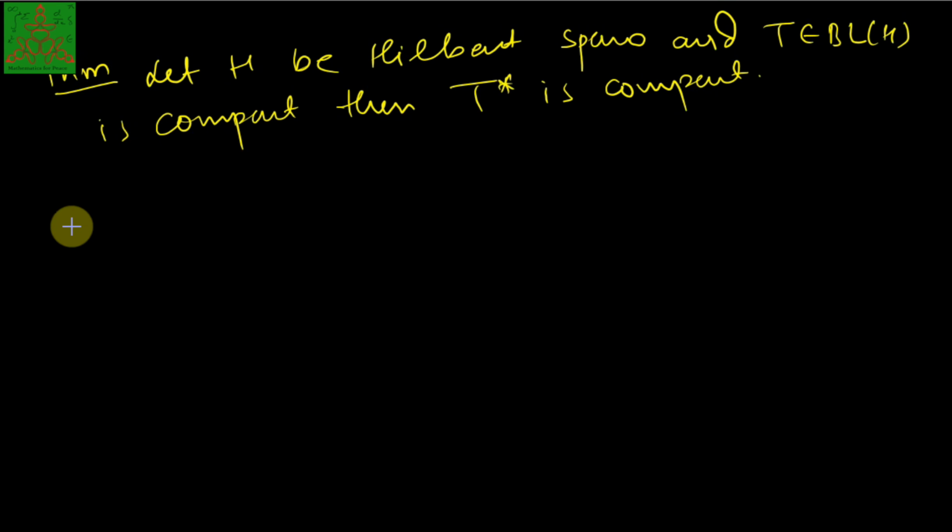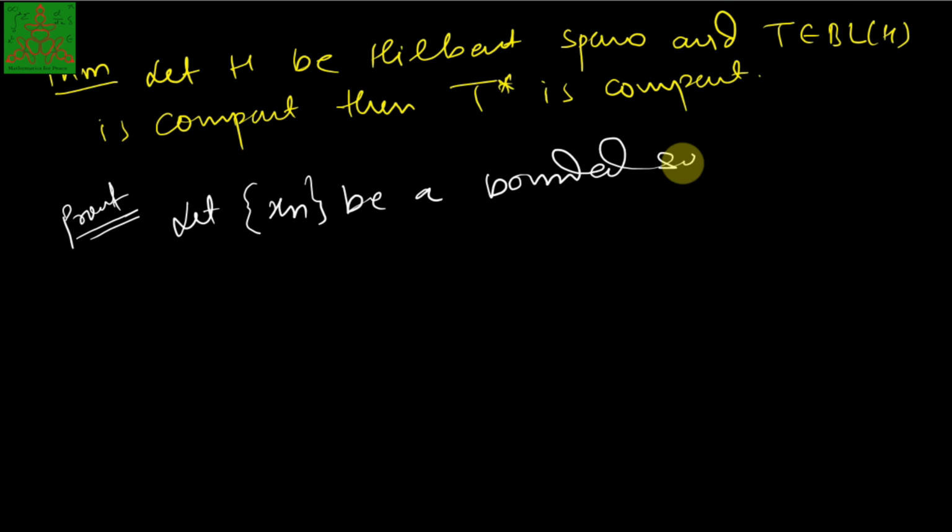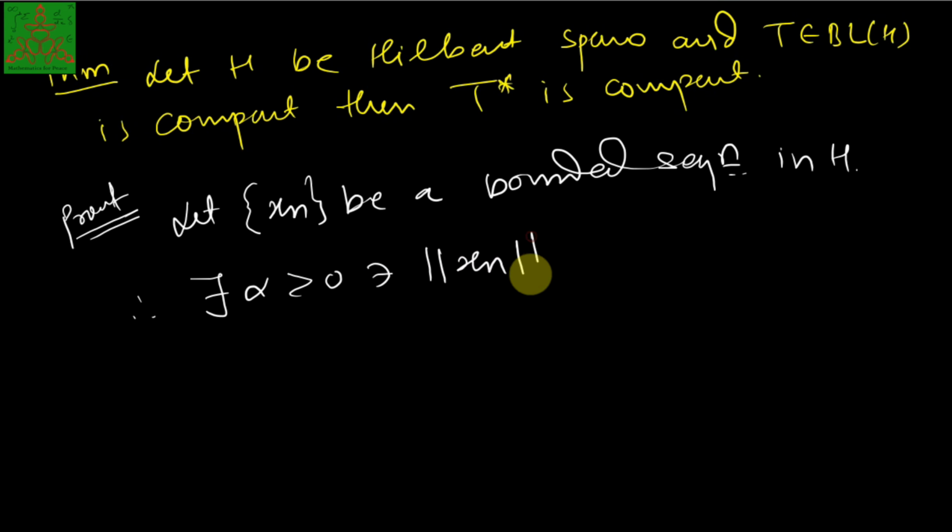Now to prove this statement, start with a bounded sequence in H, because I have to prove that T star is compact. So let Xn be a bounded sequence in H. Therefore, there exists alpha greater than 0 such that the norm of Xn is less than or equal to alpha for every n. This is true.